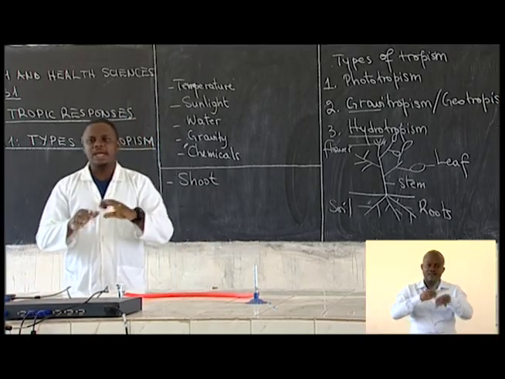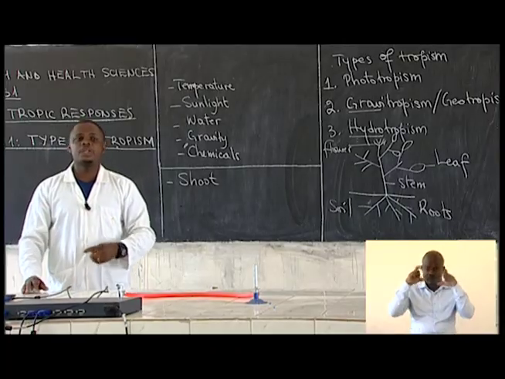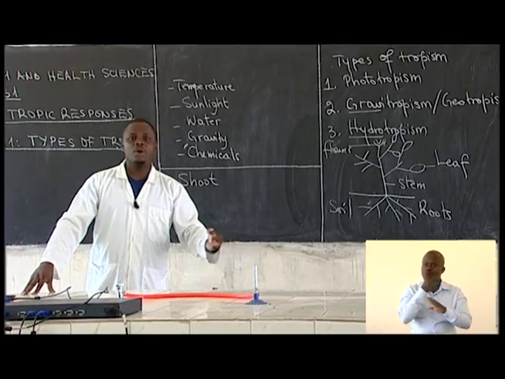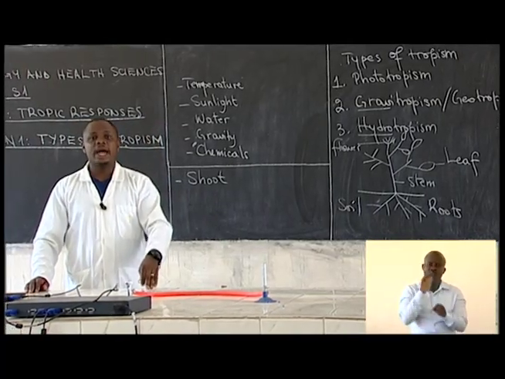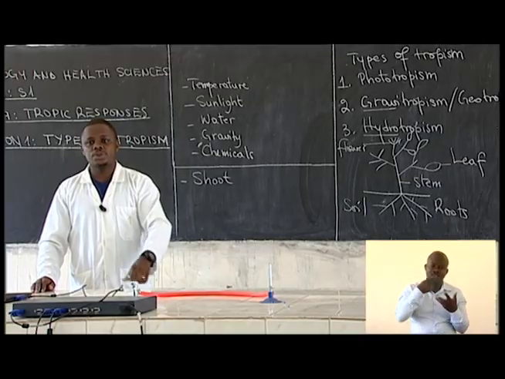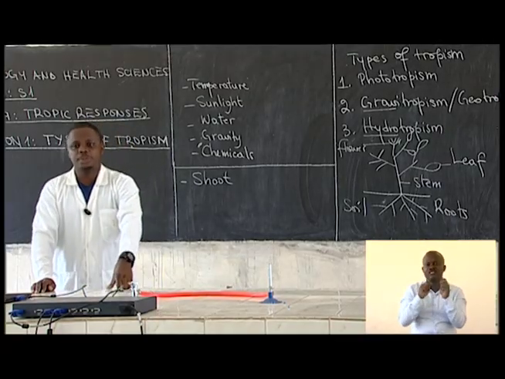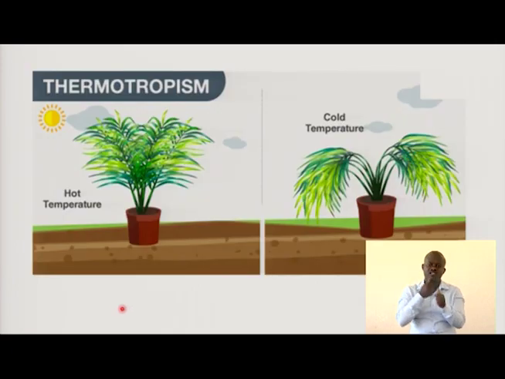Sometimes plants can change shape purposely to prevent water loss or to have a way of eliminating excess water, and that one is also among this type of tropism, which is thermotropism. Like you see in hot temperature, this is how this plant will behave, and in cold temperature, this is how it is behaving. So that is the fourth type of tropism, which is called thermotropism.